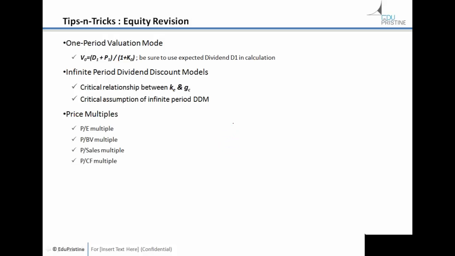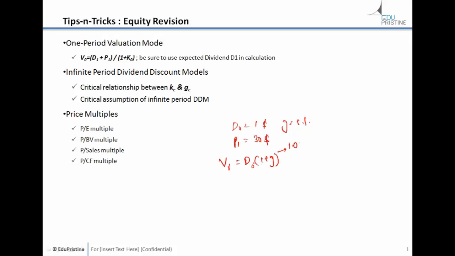So if the question says that the last dividend was $1 and dividends grow at a rate of, let's say, 5%, and the future price of the stock is $30, then the valuation of equity has to make use of the dividend which is going to be D naught into 1 plus G, which is going to be $1.05, plus 30, which is the price of the stock, divided by 1 plus cost of equity.